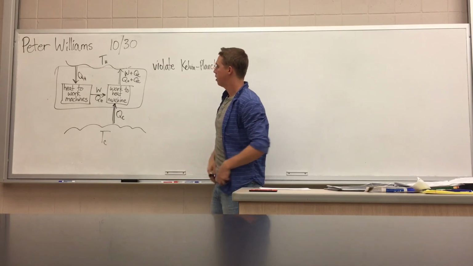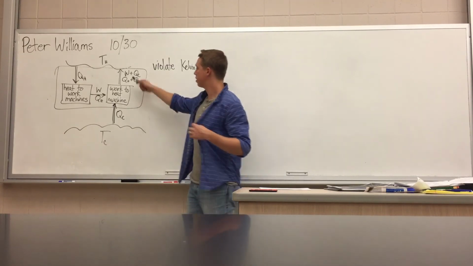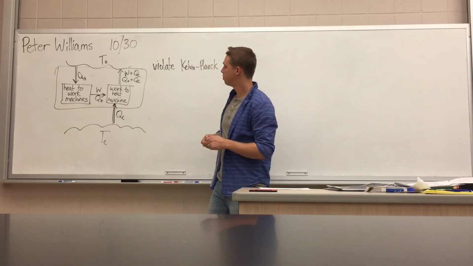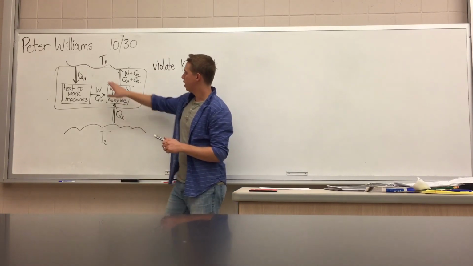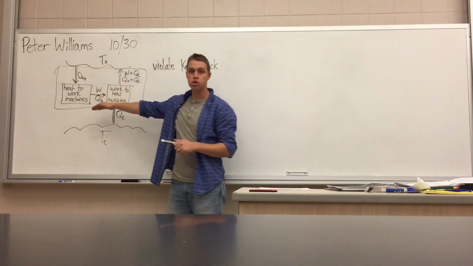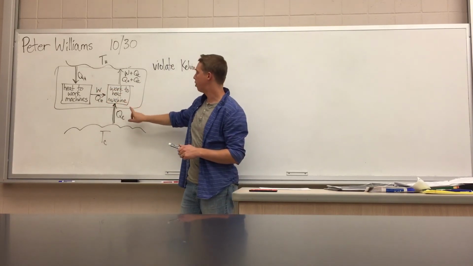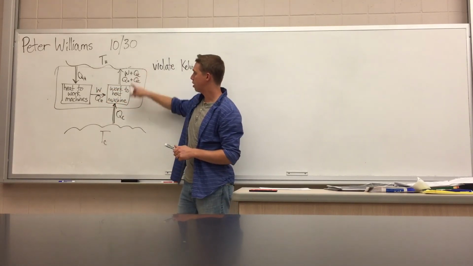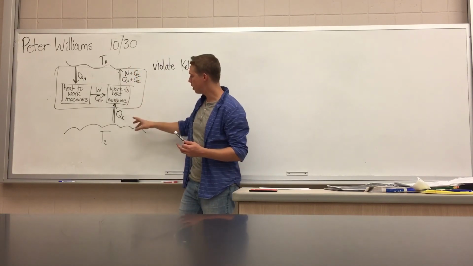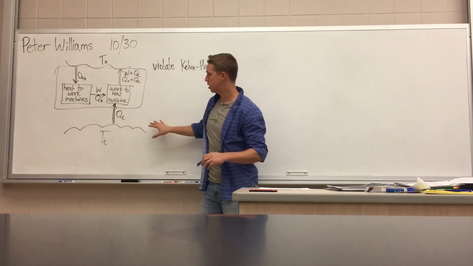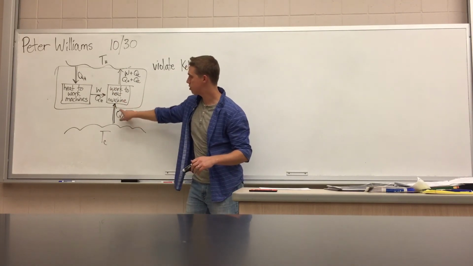And what do we have here? We've got a machine that inputs QH and outputs QH plus QC. That means that what we're net resulting in is just this arrow, this QC right here.